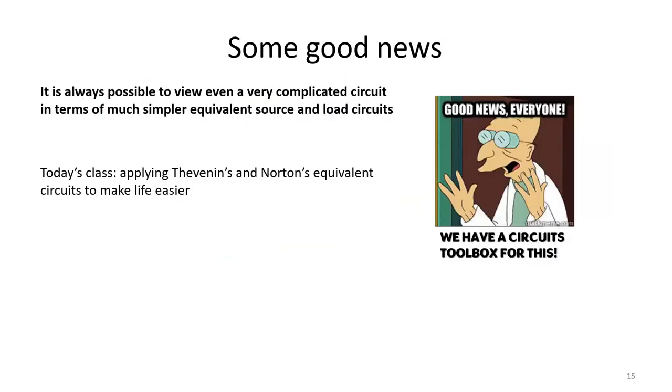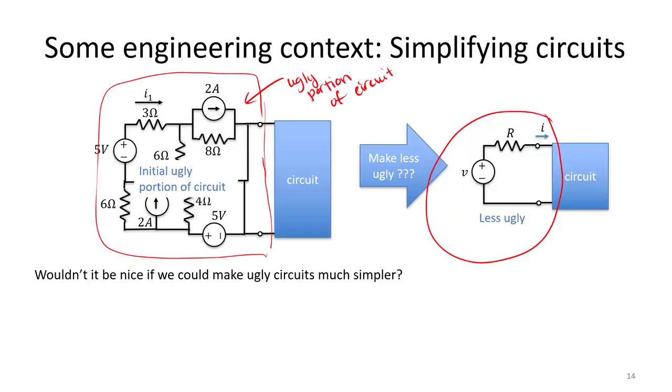So here's some good news. The good news is that it is always possible to view even a very complicated circuit in terms of much simpler equivalent source and load circuits. So what we're saying is that it's actually possible to do this.